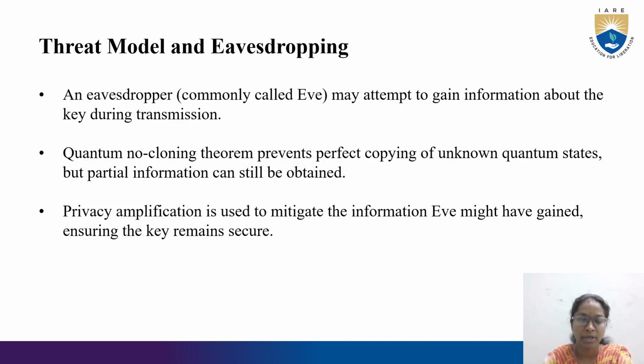The quantum no-cloning theorem prevents perfect copying of unknown quantum states, but partial information can still be obtained. Privacy amplification is used to mitigate the information Eve might have gained, ensuring the key remains secure.